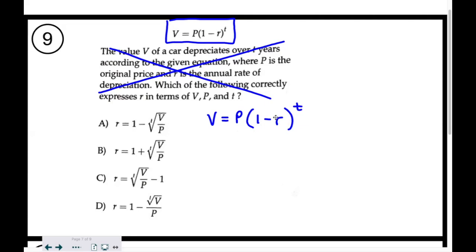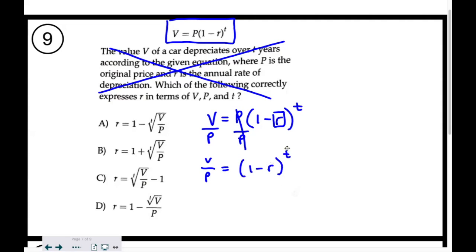Again, I am trying to isolate r, so I'm going to divide by p. I'm going to write it out, but if you want to do a couple steps in one to save time, that's fine. I just want to write it out so we can clearly see what's going on.